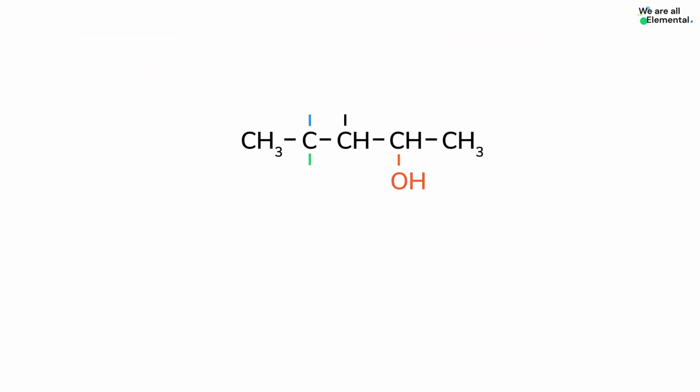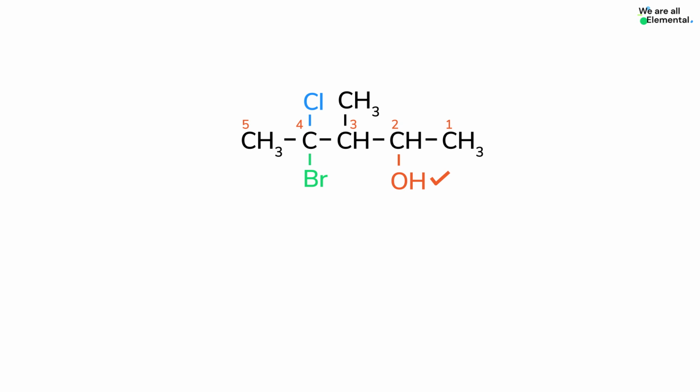In an alcohol with other substituents, such as methyl, ethyl, or halogens, the lowest position is assigned to the alcohol. So this compound is a 5-carbon alcohol, and there are substituents and the OH group along the chain.